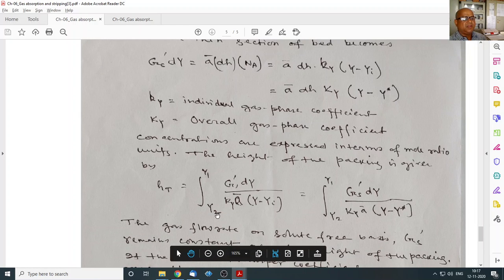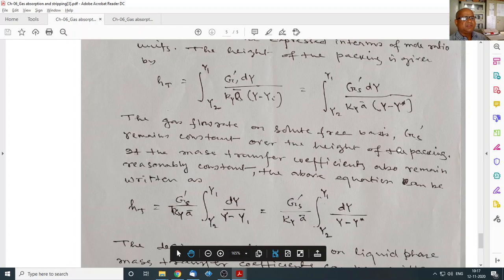So now if you take the integration, Y to o, G' dy over small ky a (y minus yi) for the gas phase, and for the overall transfer that will be G' dy over Ky a into this.